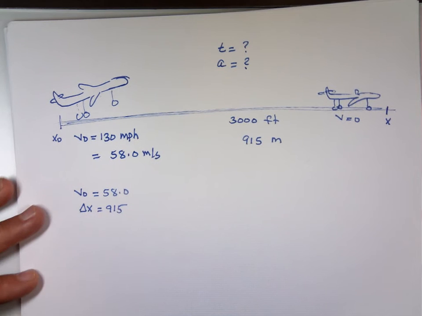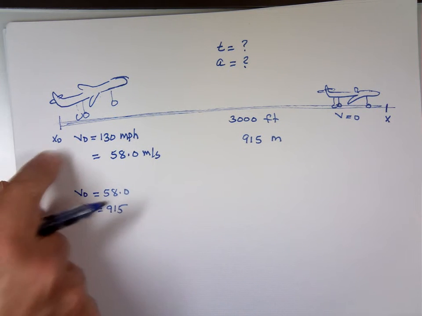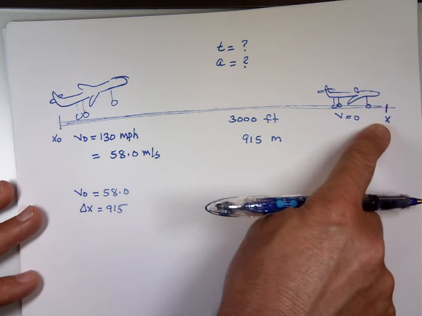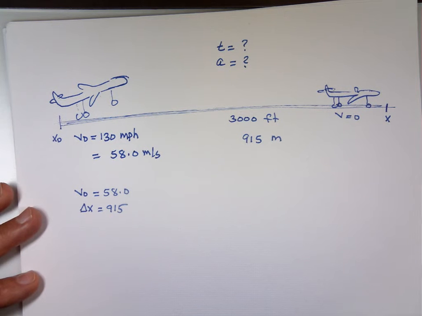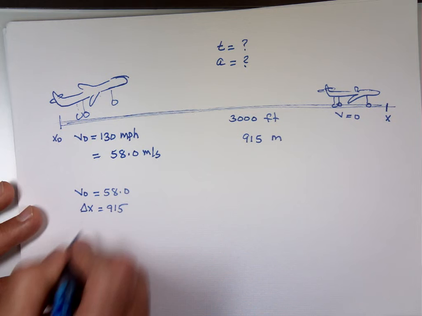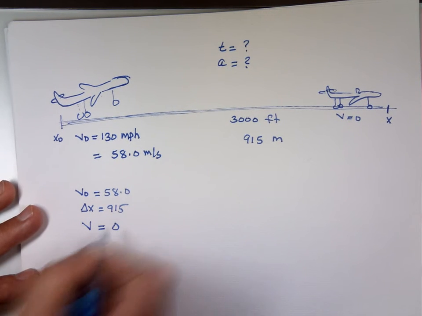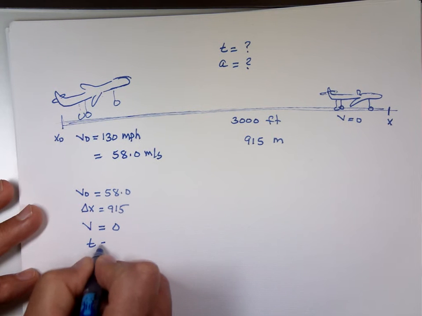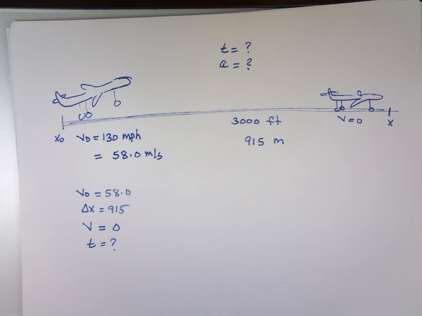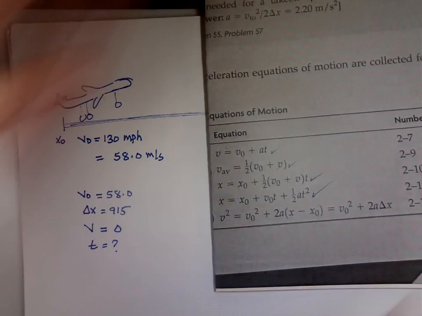Which means the initial is 0, the final is 915. What else do we know? We know the final velocity of the plane when it comes to a complete stop is what? 0. And we're looking for the time. Again, let's put that cheat sheet here. Do we have an equation that can be used here?